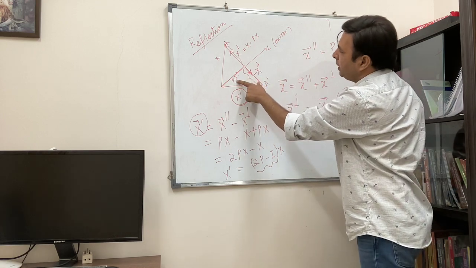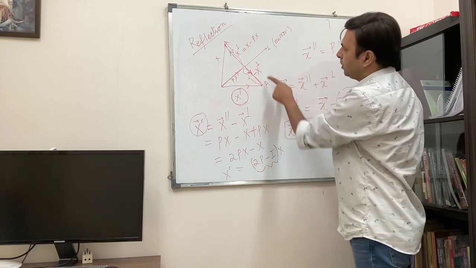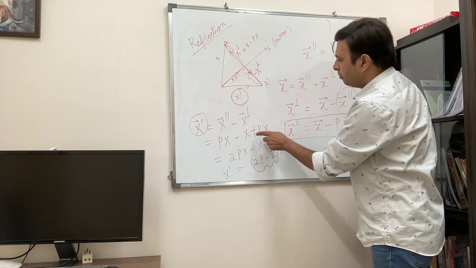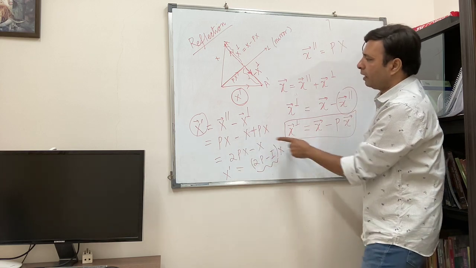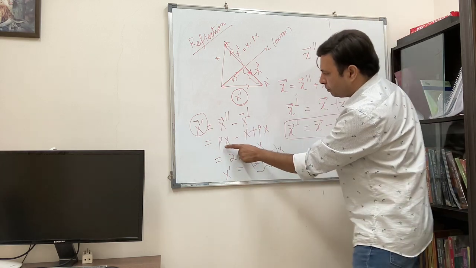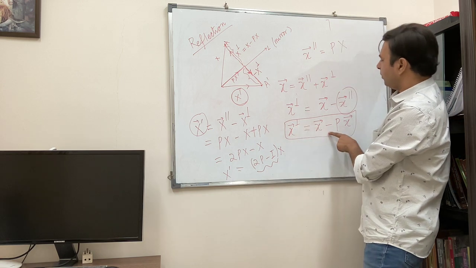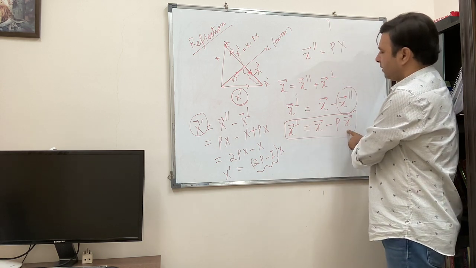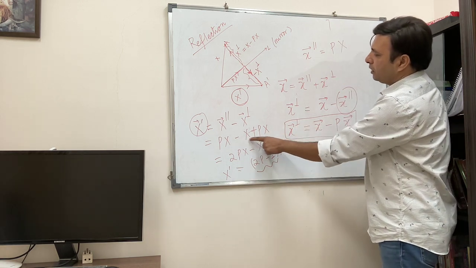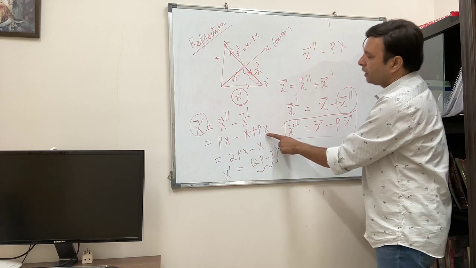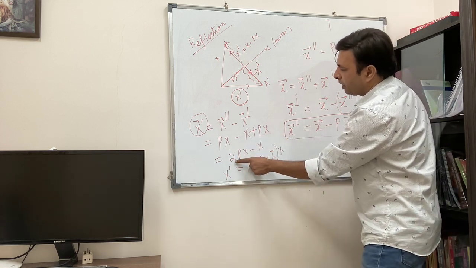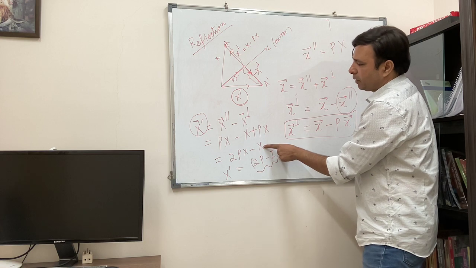So if I write px minus of x perpendicular, I should get my x dash. So px and x perpendicular, we already worked out that it was x minus px. If I put it again, it will be minus x plus px. So px here will become 2px, minus x is minus x.